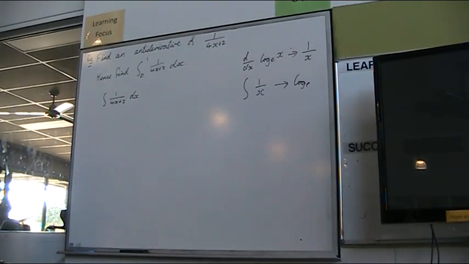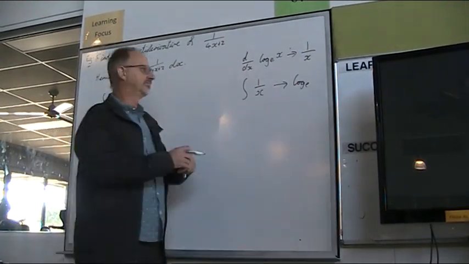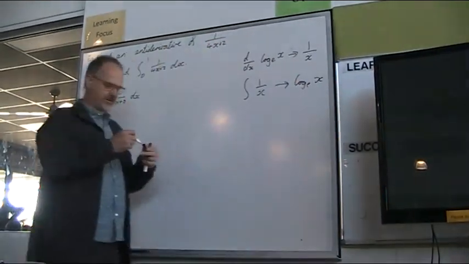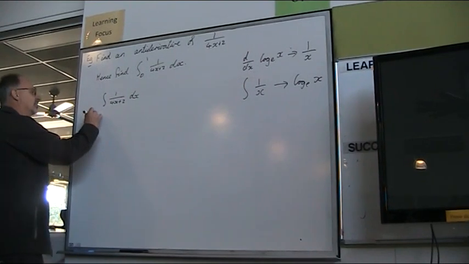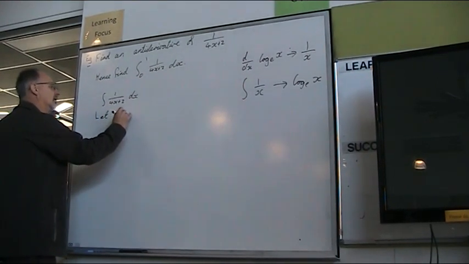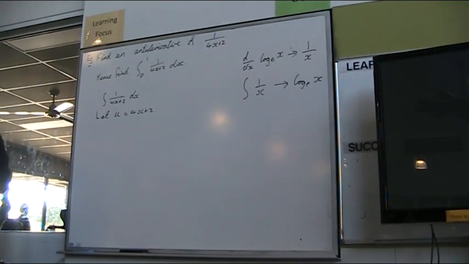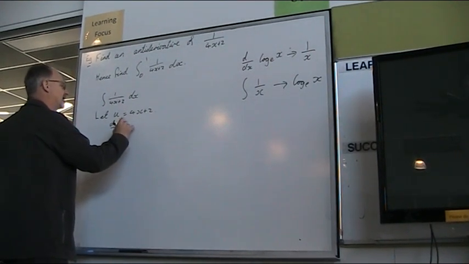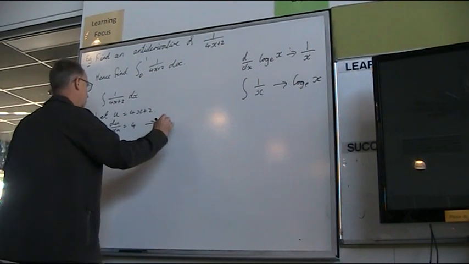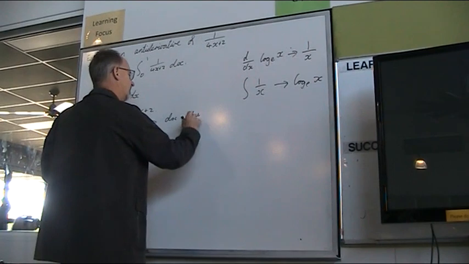All right, and so 1 over something is then going to be related to log base e. Now, we've got 4x plus 2, not just x, so we need to do that kind of substitution that I looked at before. So if I let u equal 4x plus 2, and then I differentiate with respect to x, that's just 4, and so rearranging that, dx is du over 4.